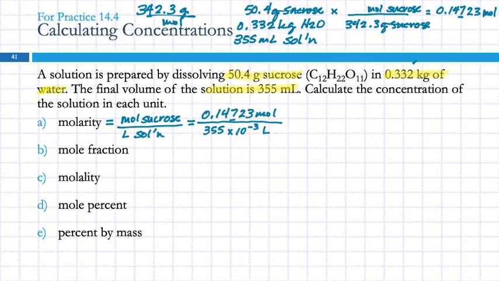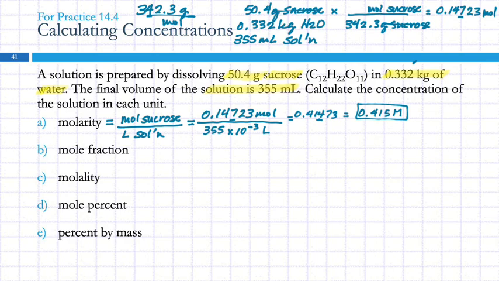And I'm going to get 0.41473, which I will round to 0.415 moles per liter, which is abbreviated capital M. Any questions? That's probably the most important of these units to be able to do stuff with.